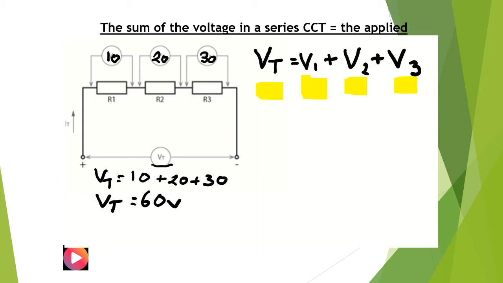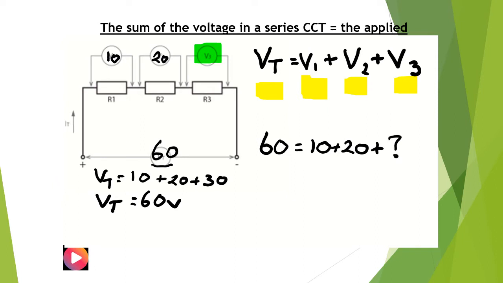Now, of course, if we didn't know what this voltage here was, V3, but we did know that VT was 60 volts, we could also calculate that 60 volts is equal to V1, which is 10, plus 20 plus something.